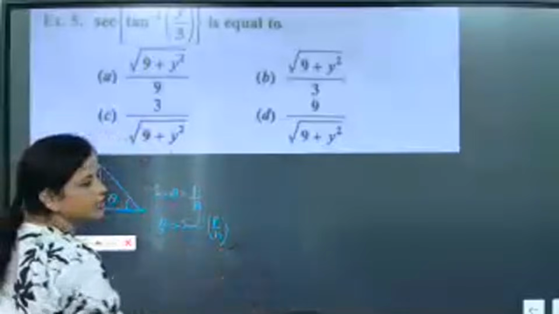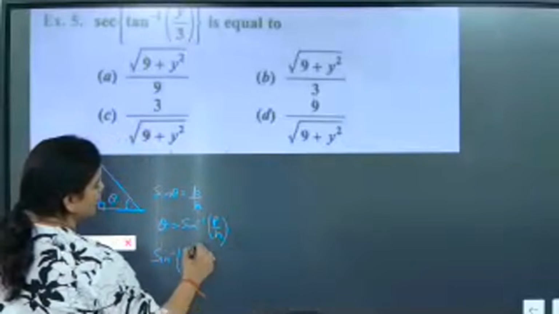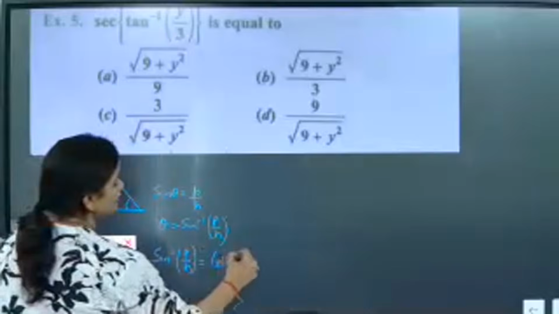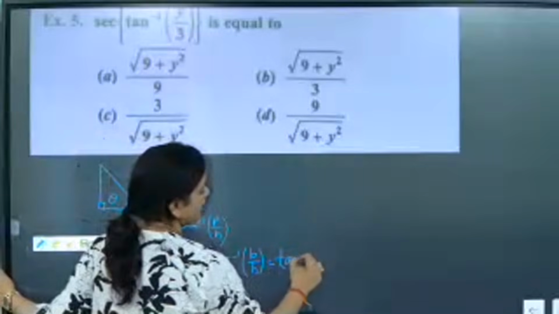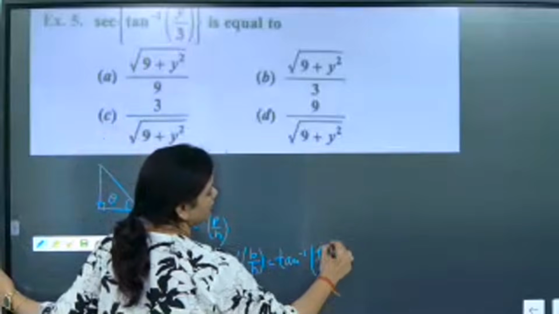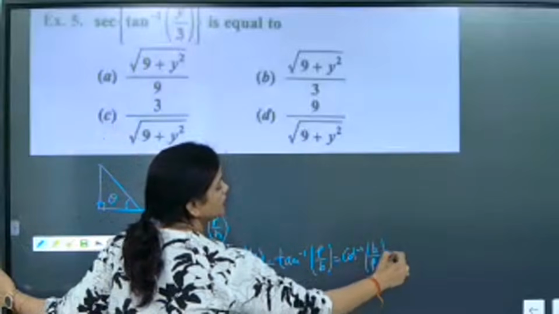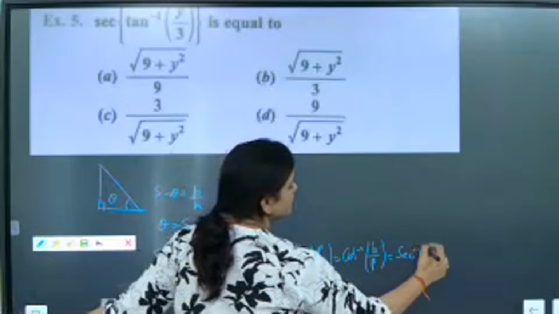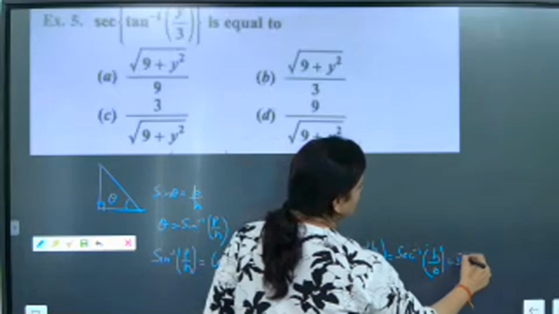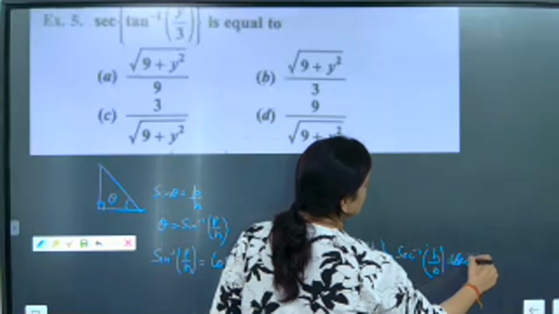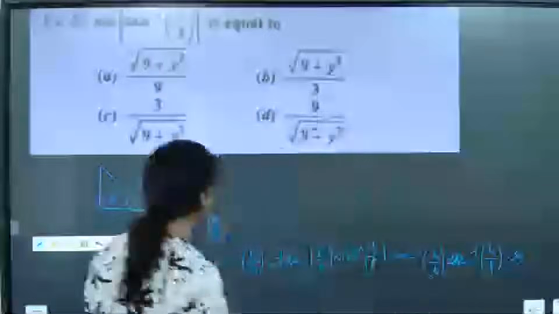So here that's what I told you, that sine inverse P by H equal to cos inverse B by H equal to tan inverse P by B equal to cot inverse B by P equal to secant inverse H by B equal to cosecant inverse H by P, and that is equal to theta.